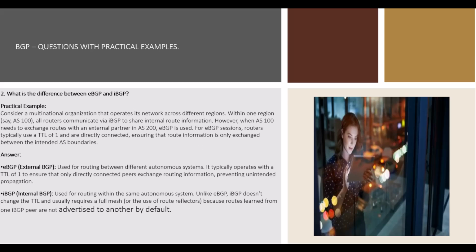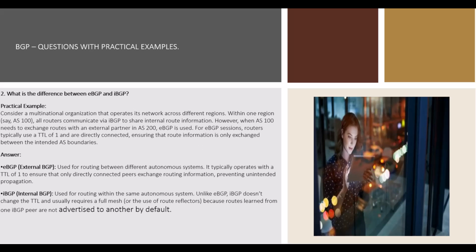If it takes a route from an iBGP, it will change the TTL to 1, and it will make sure it's only exchanging routing information with the peers that are intended to take routes from. Now, when it comes to internal BGP, it is used within the same autonomous system.